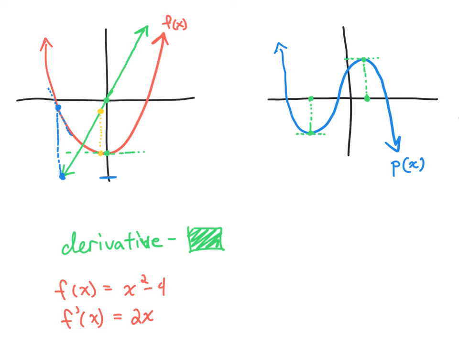Now, next, you may notice that in between these two, the graph is increasing, which means the derivative has to be positive, which means that between these two x-intercepts, it'll be above the x-axis.